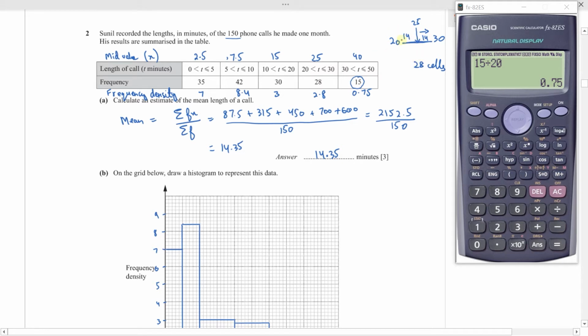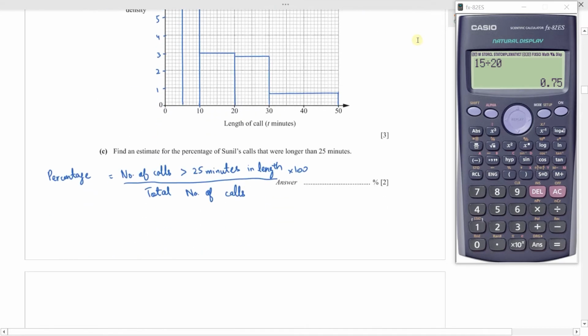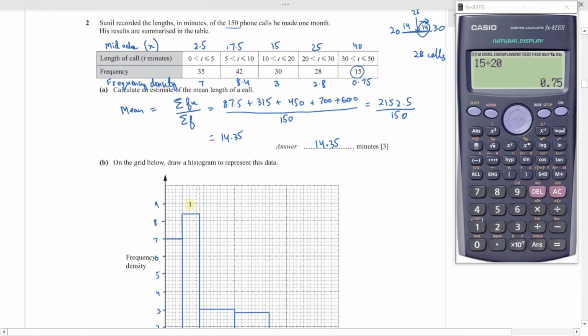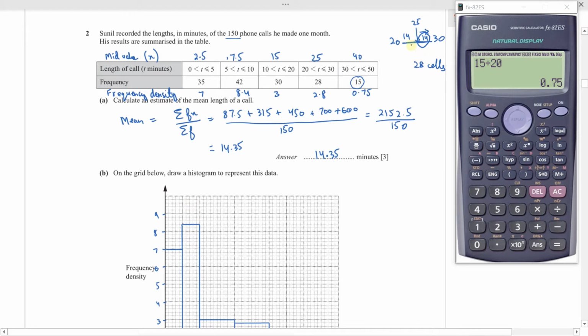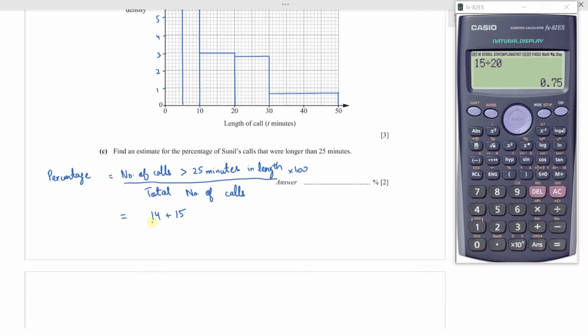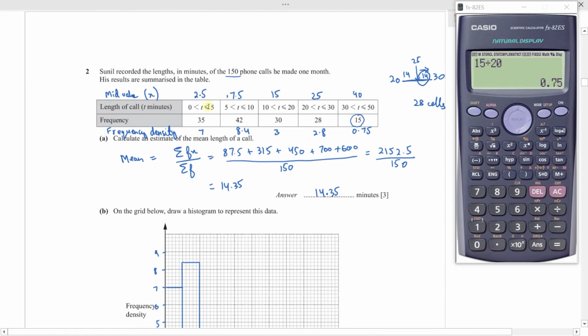So now you have 14 calls here which are greater than 25 minutes, plus these 15 which are definitely greater than 25 minutes because the interval is 30 to 50 minutes. So you add these two: the number of calls greater than 25 minutes is 14 plus 15. And your total number of calls is 150.